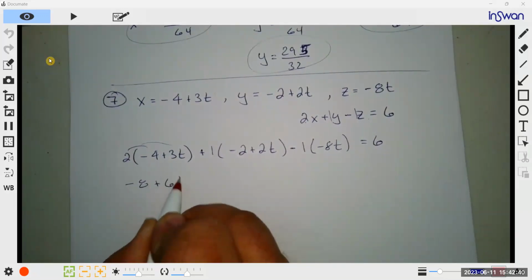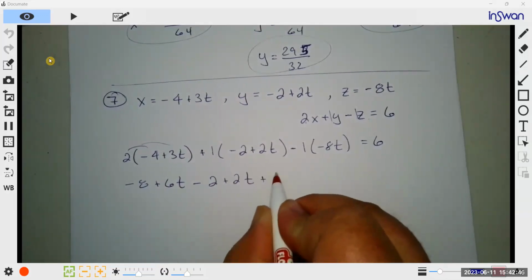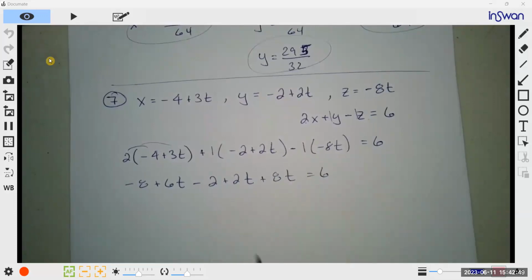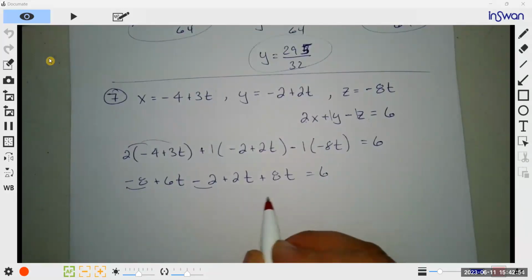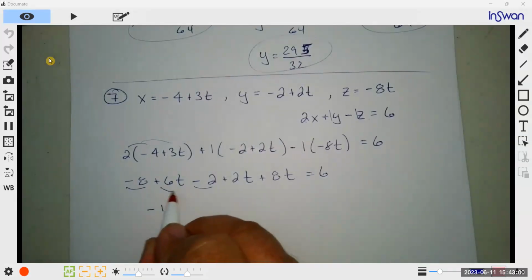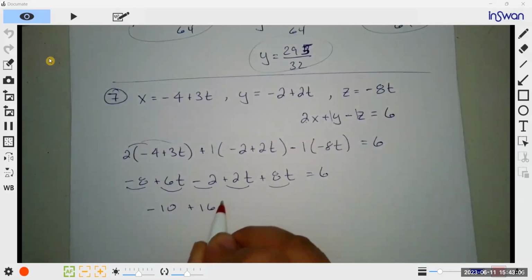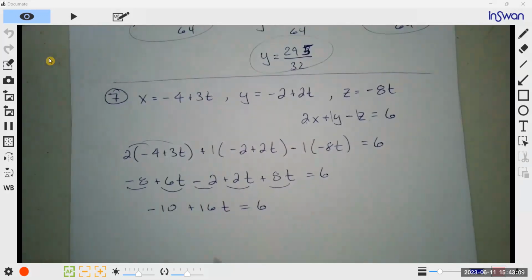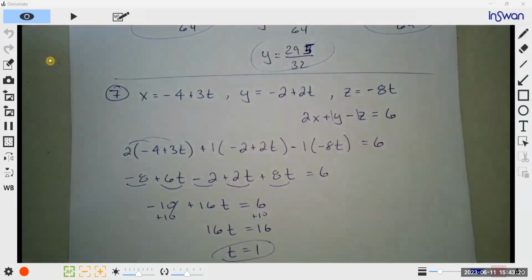Negative 8 plus 6t minus 2 plus 2t plus 8t equals 6. Negative 8, negative 2, 6t, 2t is 8t, 8t and 8t is 16t equals 16. Add 10, 16t equals 16, t equals 1. Yeah, that makes it easier.